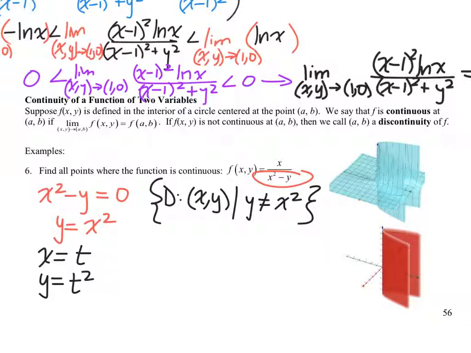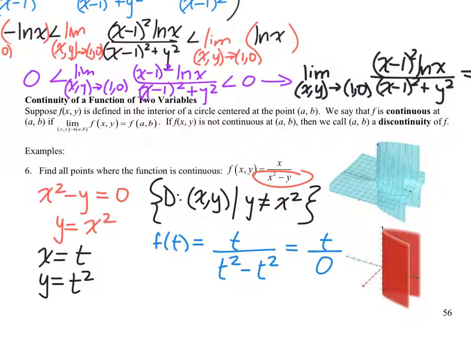So by substitution, we'd have f of t equal to t over t squared minus t squared, which is t over 2t squared. Would it be... No, t squared minus t squared, duh, because that's a minus sign. Thank you.